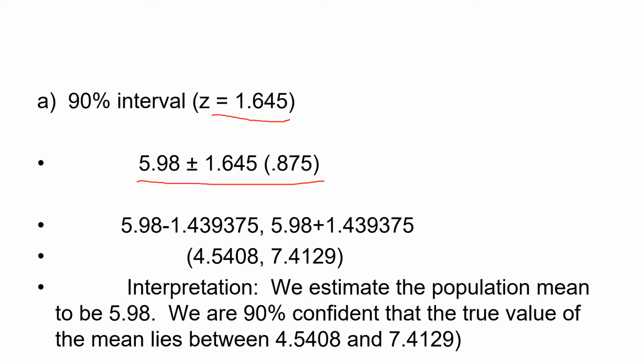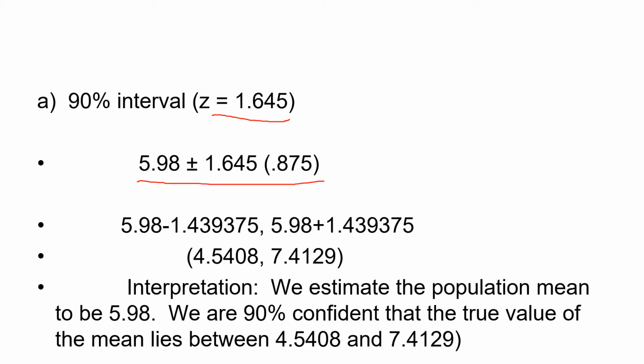Another way of writing is 5.98 minus Z alpha over 2 multiplied by standard deviation over square root of n on the left, and 5.98 plus the same term on the right. When you get the values, make sure you write in such a way, in brackets, lower value on the left and higher value on the right. The sequence has to be correct.